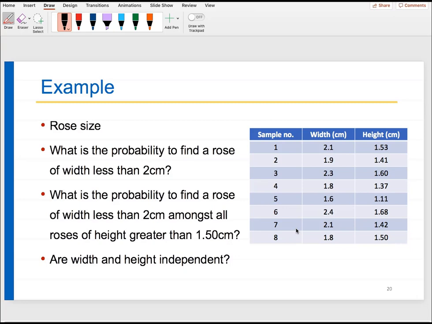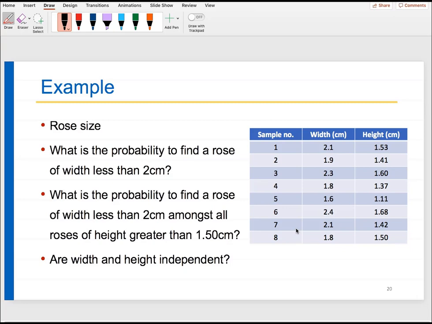So you need to get the distributions. Let us say these are my samples from the real world. I have got many roses and many jasmines. Only roses with their widths and their heights.